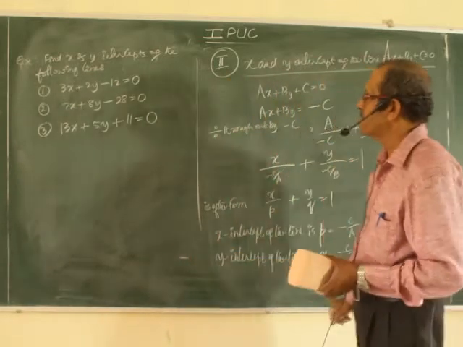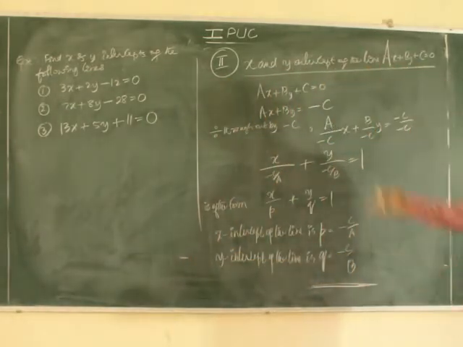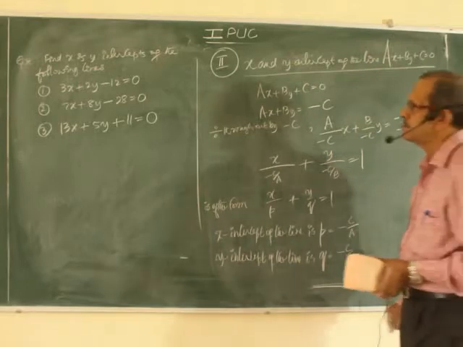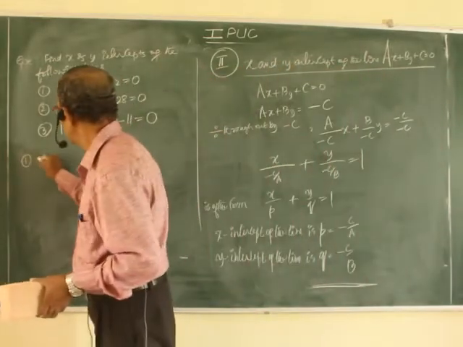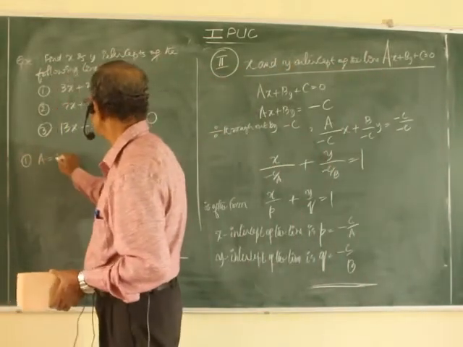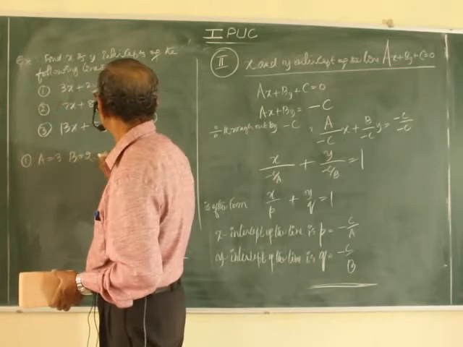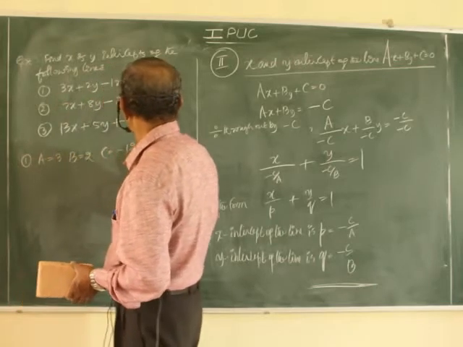Enough. Straight away we can write the answer, no problem. First one is a equal to 3, b equal to 2, c equal to minus 12.